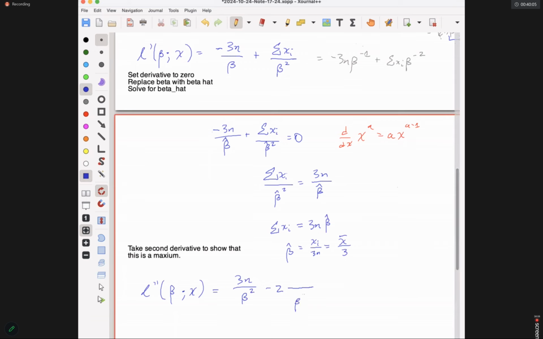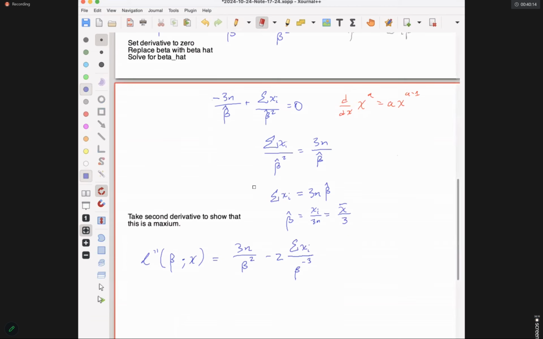Beta to the negative third, and up top we have the sum of xi. If I write it like this, that should be positive. We want to know whether this thing is negative. We will plug in beta hat for beta, and beta hat is x bar over 3.